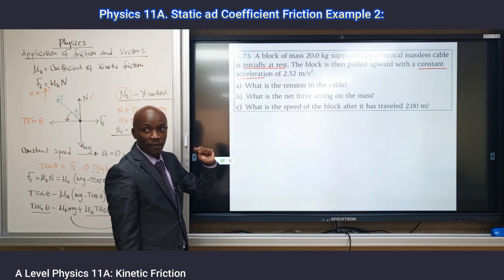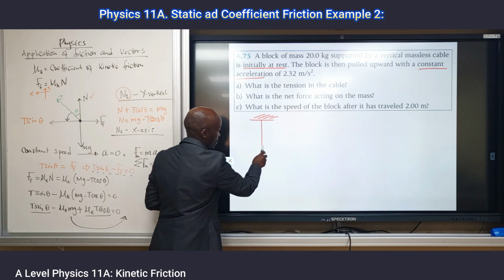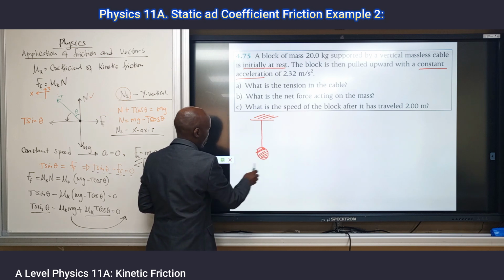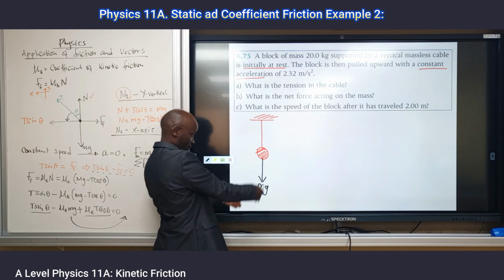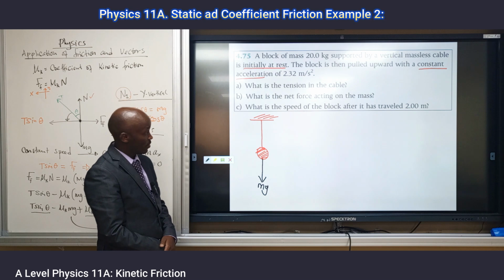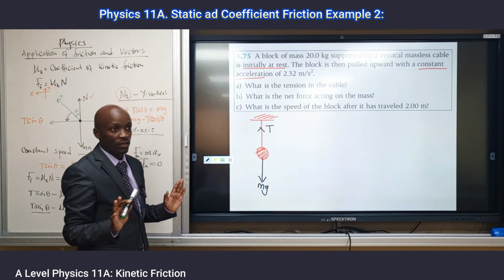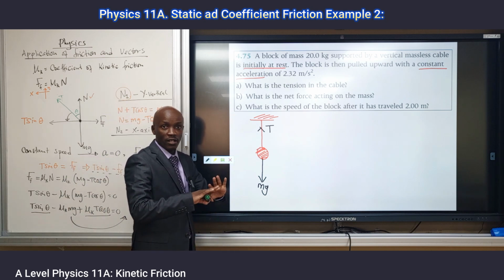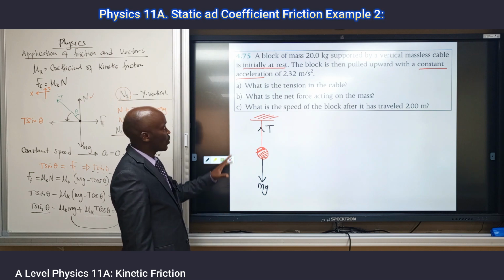Again, we need to start by having a sketch of how this situation looks. So I just have the block looking like this, and then we have some mass hanging downwards. The force downward here is mg, and the force upward here is tension, class. So we don't have a normal reaction force, and we don't have any other force here. Even though it's moving, air resistance we're going to ignore.